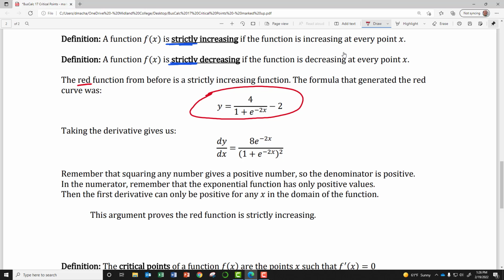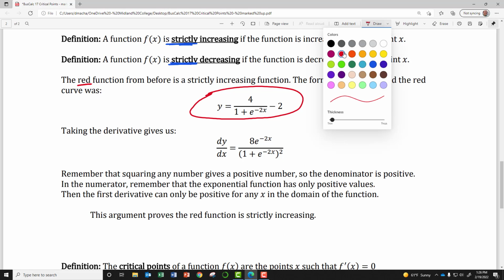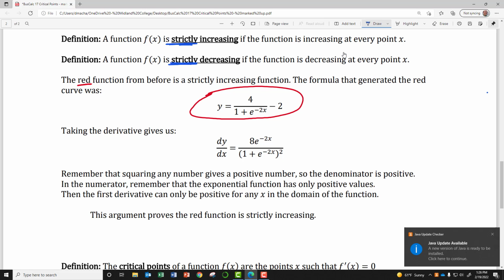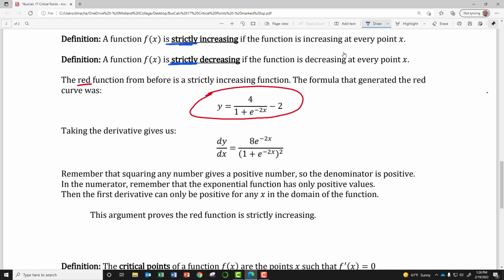And if I take the derivative, it's going to require the quotient rule, and in taking the derivative, that -2 doesn't matter, but that's not the point of this lesson. You can go back and look at the derivative quotient rule if you want to see how we got from this one to this one. But my point is that if we look at the derivative, we expect that it's going to be positive, at least where we saw, because we said the function was going to be an increasing function.